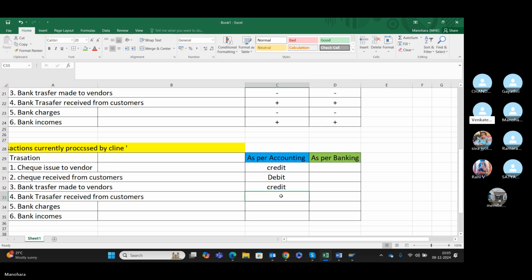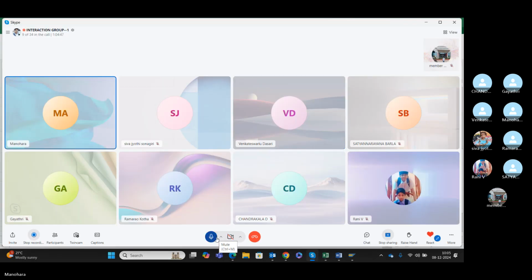Minus means debit, right? As per accounting. That knows, Manohar, that we are asking.